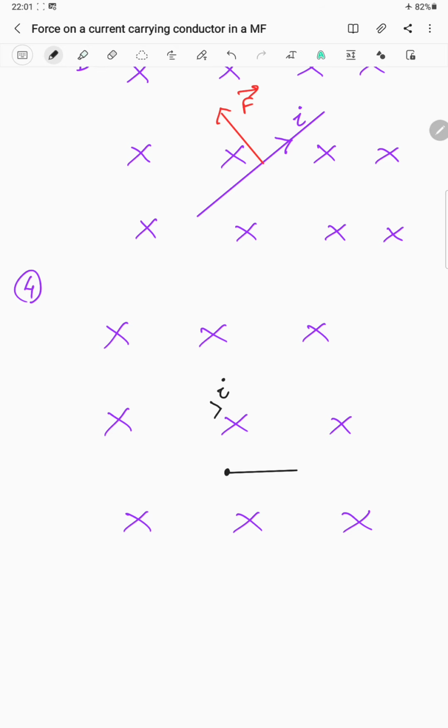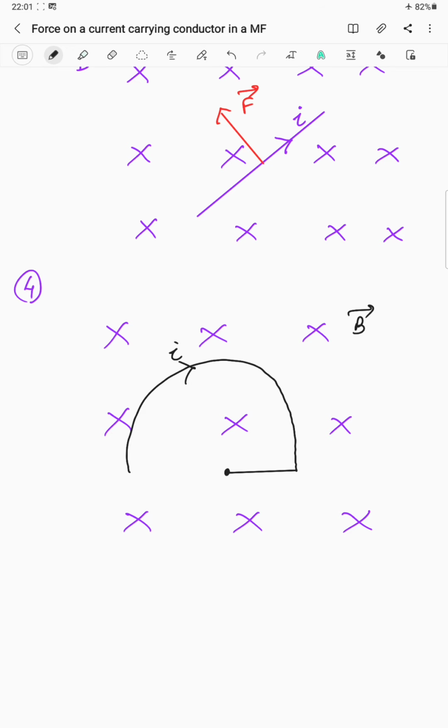Just 1 second, I'll draw it again. Okay, fine. So this is the direction of the current, and this is the magnetic field into the plane of the paper. Followed? Now you have to find out the force on this conductor, magnitude as well as direction.